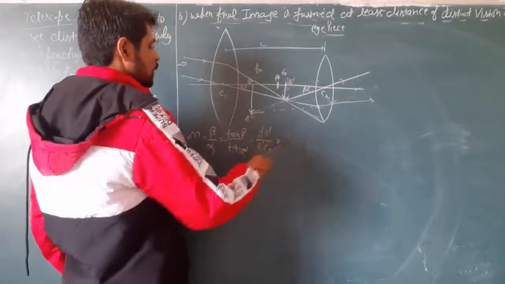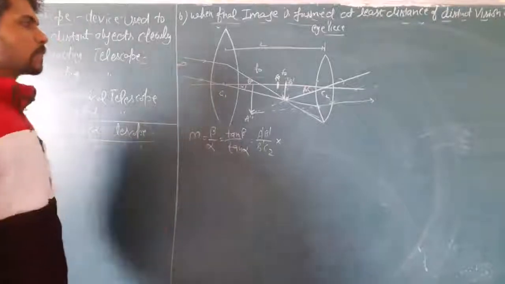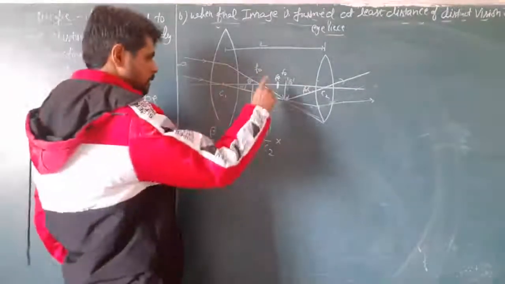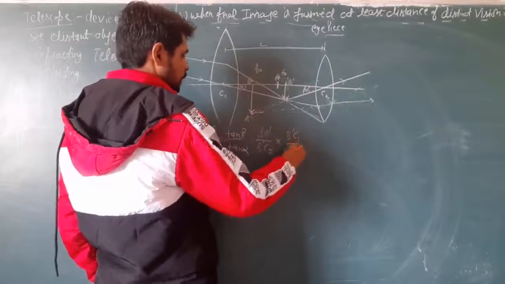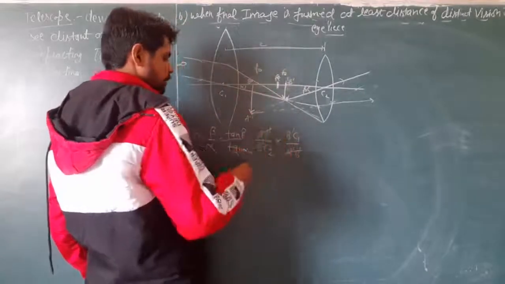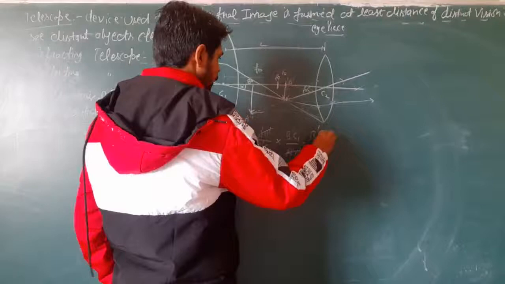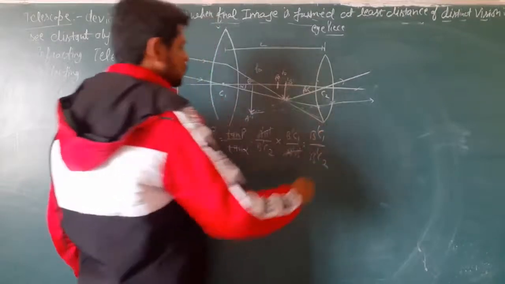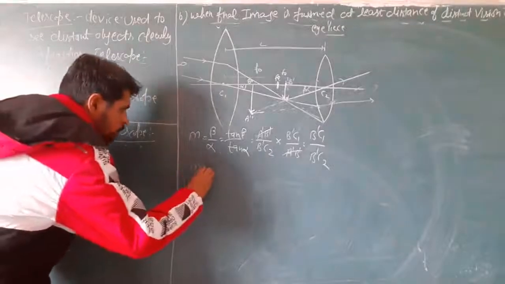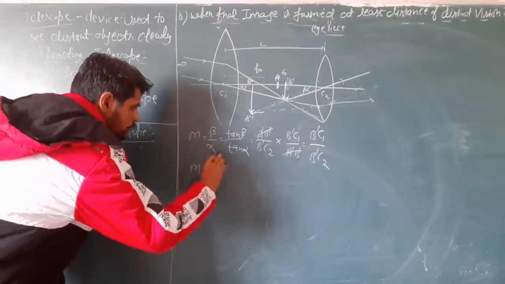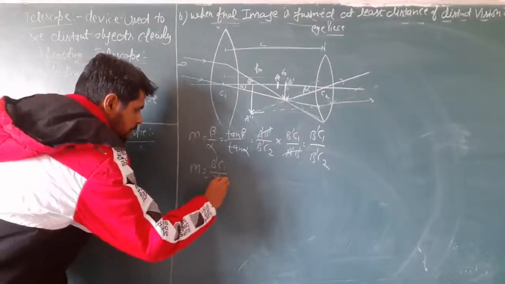Tangent alpha is again the base, B dash C1 divided by A dash B dash. A dash B dash cancels out. So the magnifying power of the astronomical telescope when the image is at least distance of distinct vision is B dash C1 divided by B dash C2.